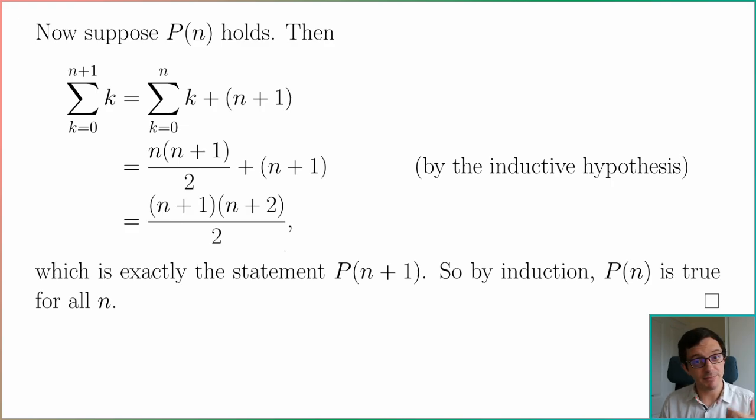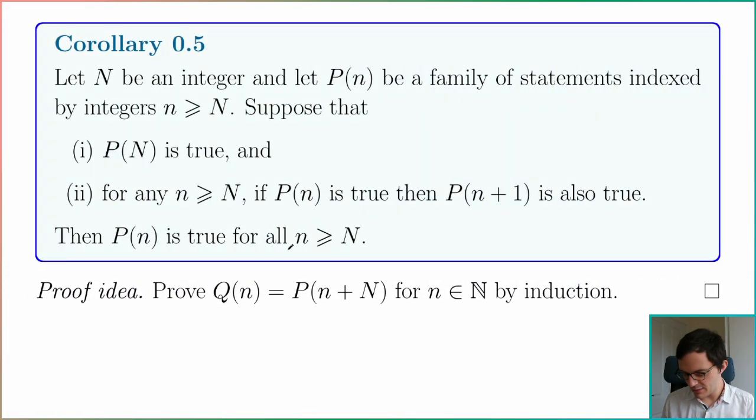Anyway, we've now checked P0, and we've checked that if Pn is true, then Pn plus 1 is true, so mathematical induction says that we can now conclude that Pn is true for all n. All natural numbers, we can tell you what the sum from 0 to that natural number is. Okay, so there's a little example of proof by induction.